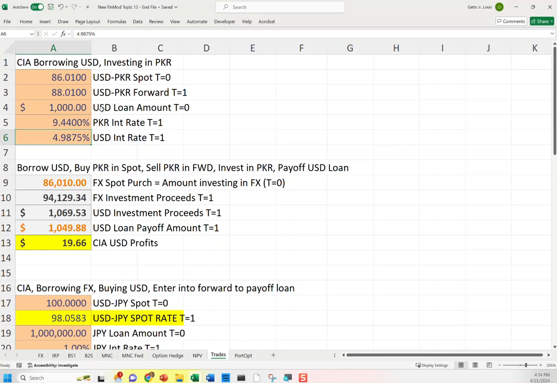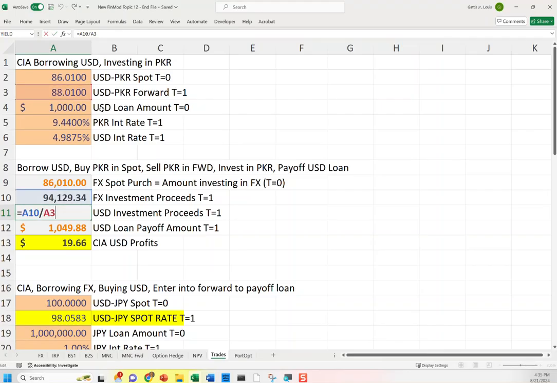So what you're going to do is borrow $1,000 and buy rupee immediately and get 86,000 rupee. Then immediately invest the rupees at the Pakistan interest rate of 9.44%, and you're expected to have 94,000 rupees next year. So you enter into a forward contract to sell 94,000 rupees at a forward price of 88.